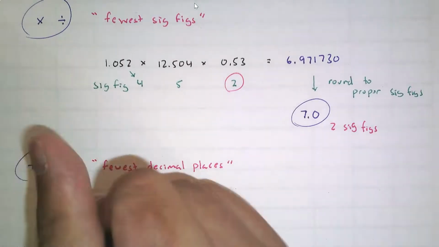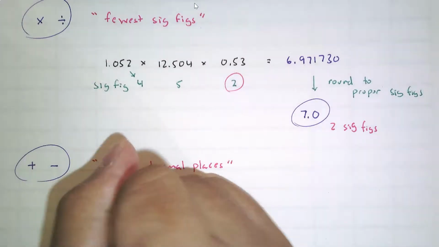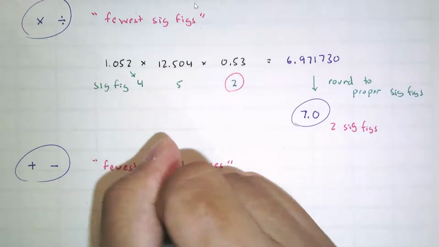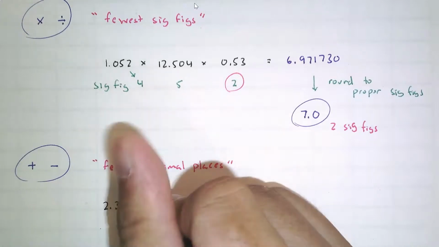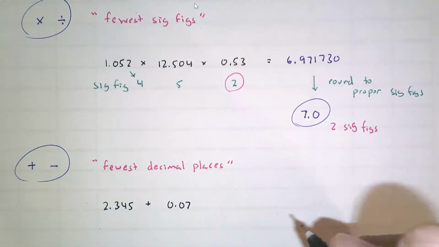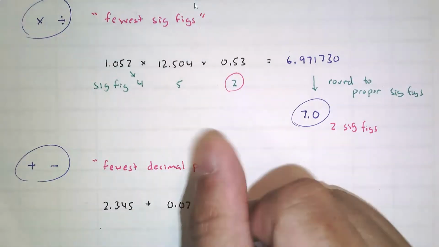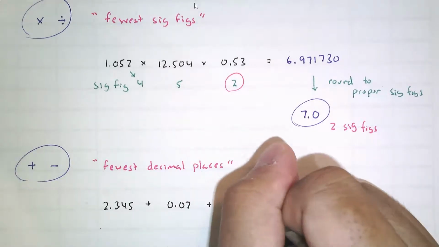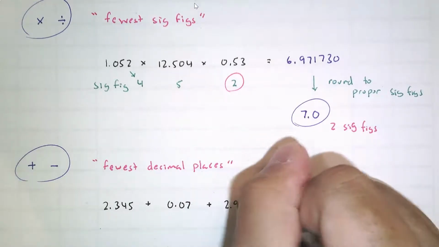If I have to add a set of numbers, 2.345 plus 0.07 plus 2.9975.